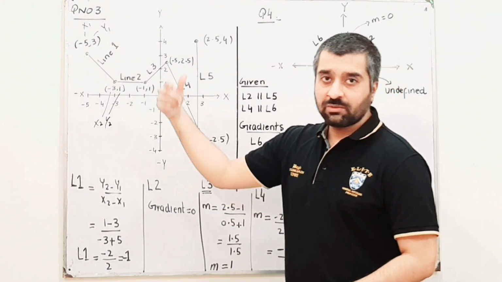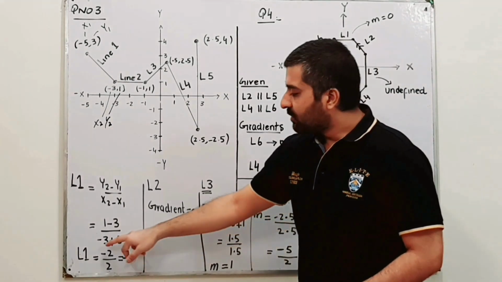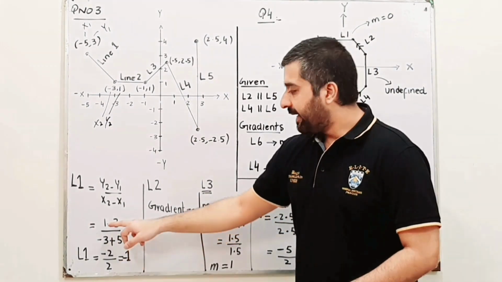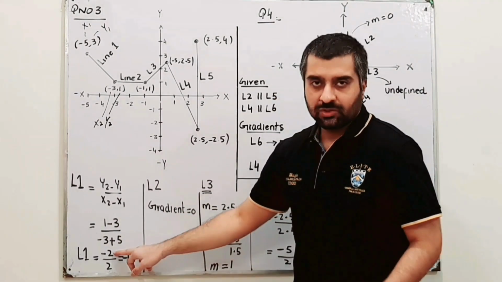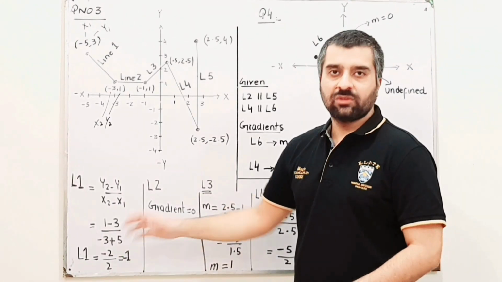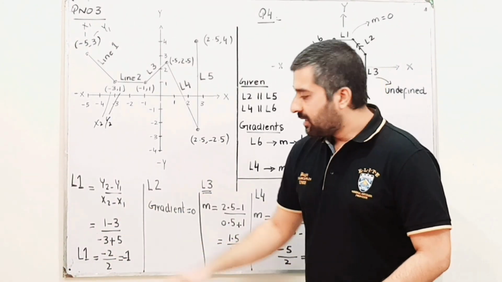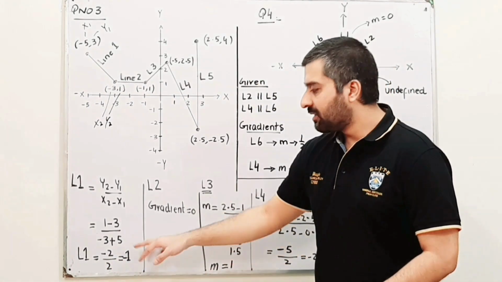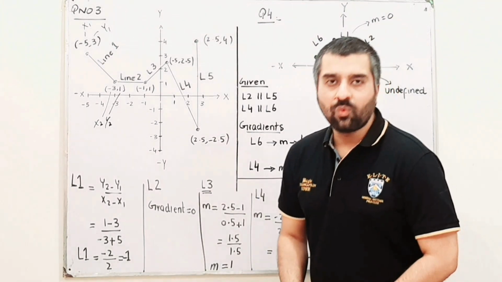Minus into minus will become plus. So minus 3 plus 5 is plus 2 and 1 minus 3 is minus 2. The sign of the bigger number will be retained. So minus 2 over 2 will give you minus 1, which is the gradient for line 1.